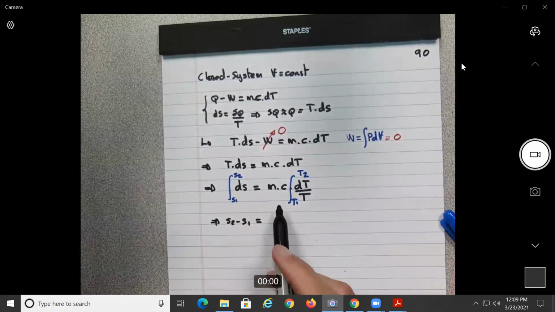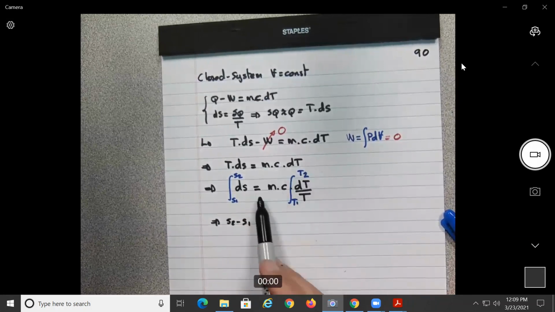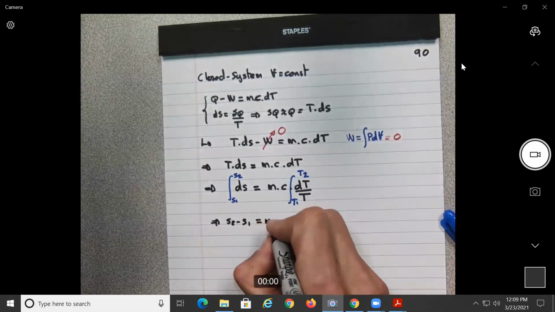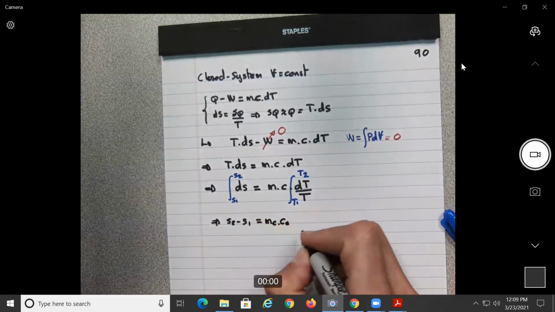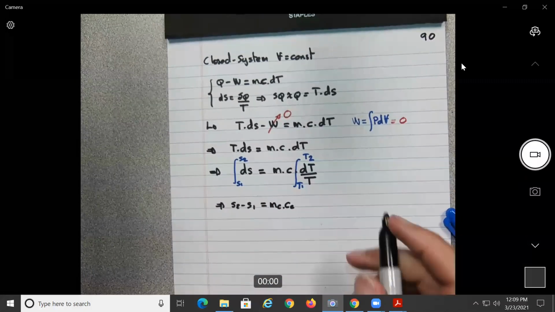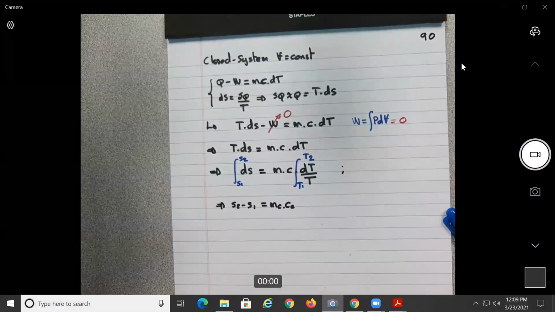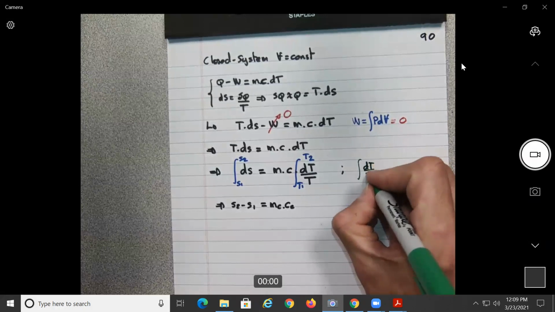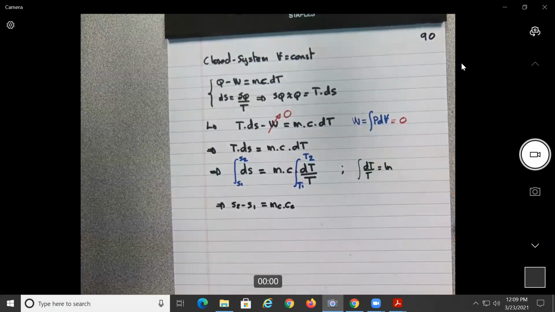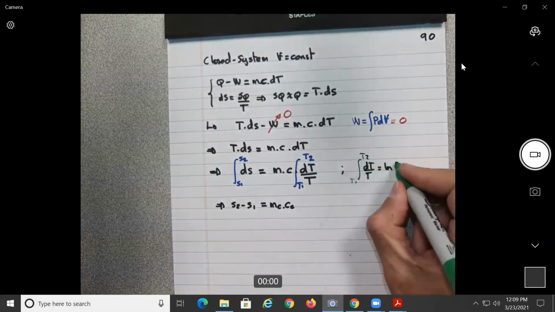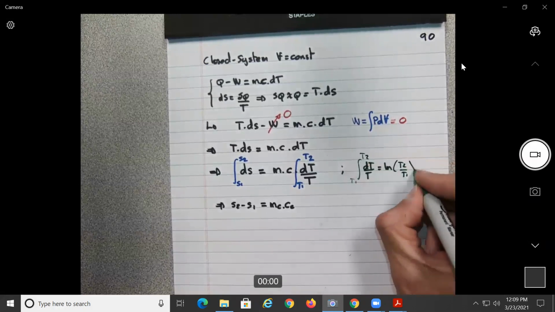Now I'm going to have to expand, so we have the change for the copper and the water, no? So now we have two terms, M copper, C sub C. Maybe I'm going a bit too fast. What is the integral of dT over T? It's log, no? If I put here T1, T2, it should be log of T2 over T1.